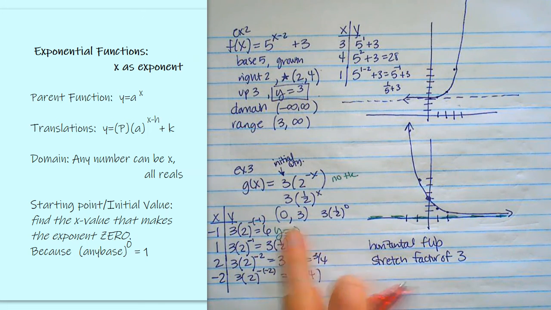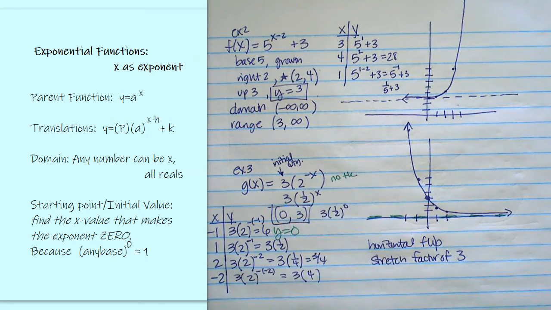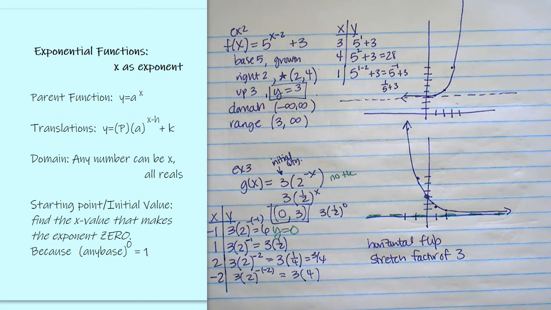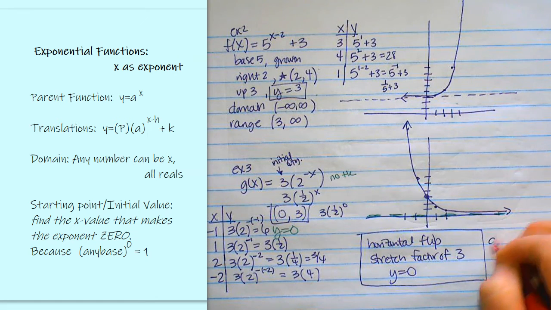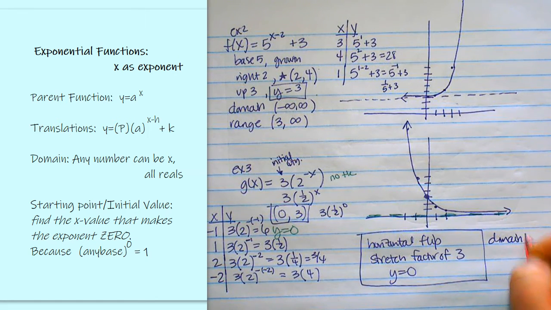I have my initial point that I started with here. It's the first point that I graphed, and the asymptote didn't shift, so it's at y equals 0, and I didn't write that down, so here it is, y equals 0. So these things are important. Your domain is all real numbers.